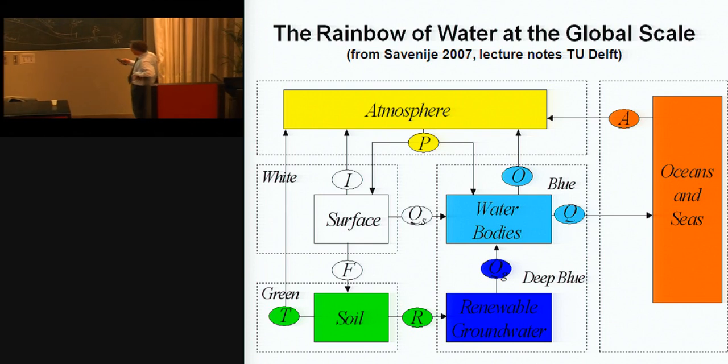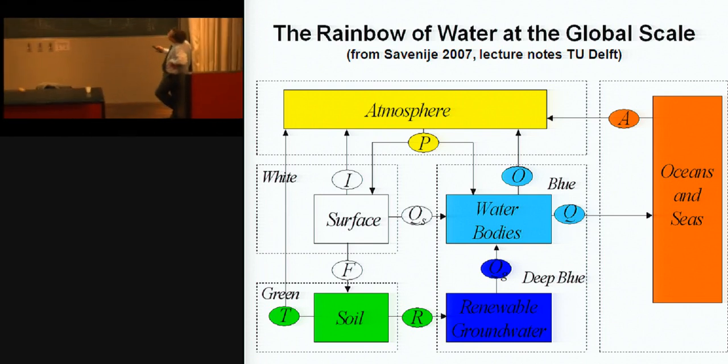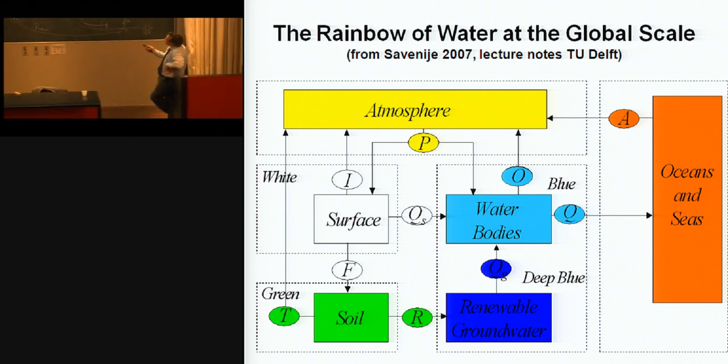Now look at this so-called rainbow of water. Atmospheric water, sometimes called yellow water, but not so common. Most common is that the water from the transpiration, which produces biomass, is the so-called green water. Sometimes some authors, also Savenige, from whom I took this figure, talk about the white water.